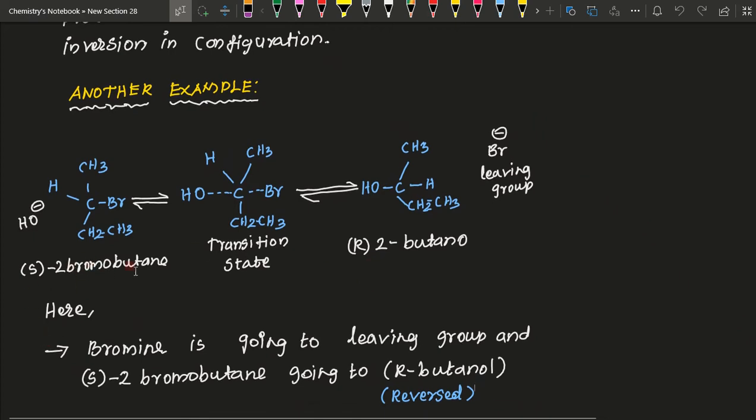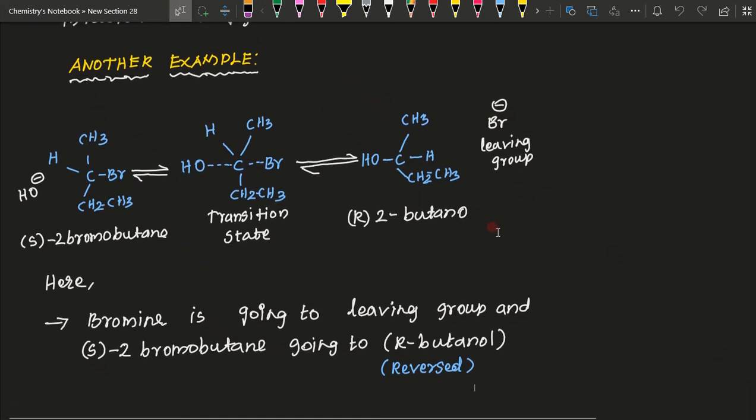This is 2-bromobutane, 2-butanol. So this bromobutane is going to attain an equilibrium condition. Here we have the nucleophile and the leaving group. See, this is S configuration, this is R configuration.